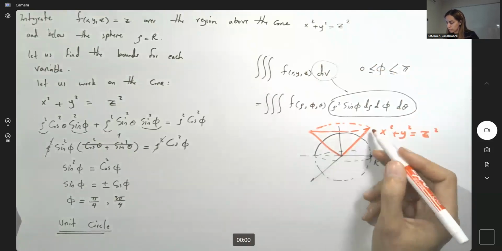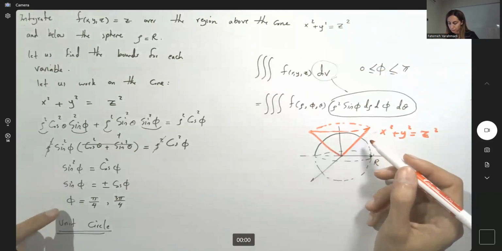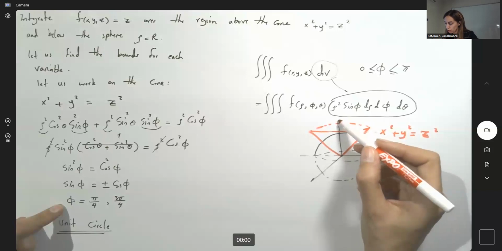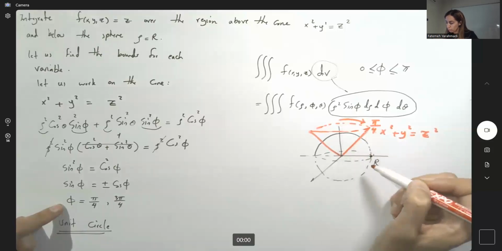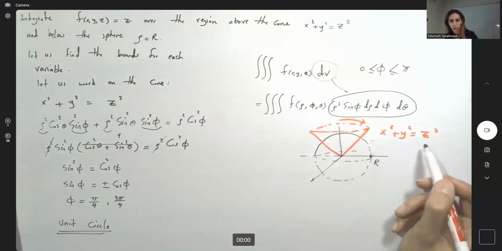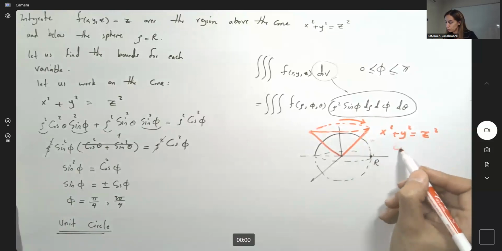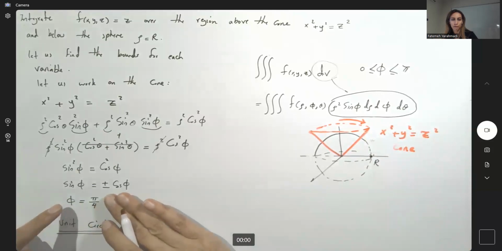And since x, y, and z are positive, we expect phi to start from 0 and stop at pi over 4. So this equation, x squared plus y squared equals z squared, which is your cone, can also be identified by phi equals pi over 4.